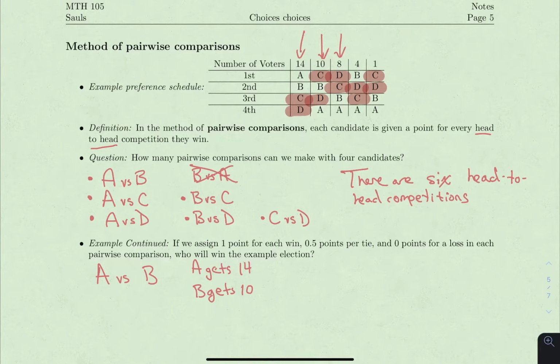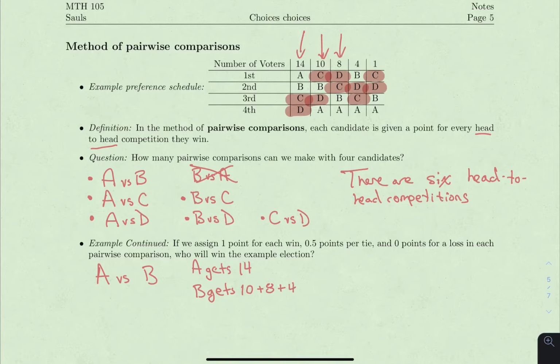But the way that we're running this pairwise comparisons method is assuming that if D and C were not a part of the election, then those 8 people would have chosen B. So B gets an additional 8 votes.